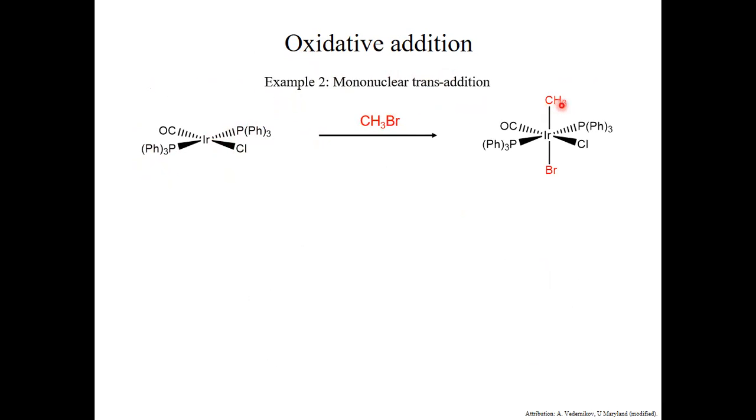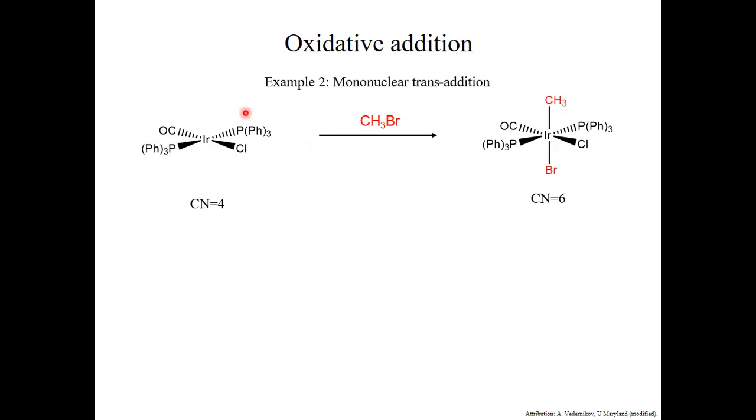That means that the CH3 group and the bromo group are in trans position relative to each other. Why is this an oxidative addition? Well, obviously we have added ligands here, but the oxidation number goes up from again +1 to +3, and also the coordination number increases from 4 to 6.